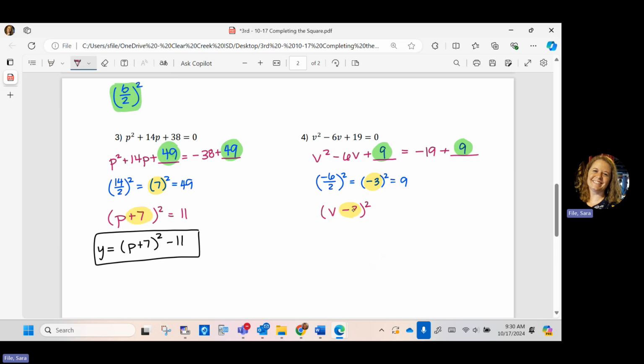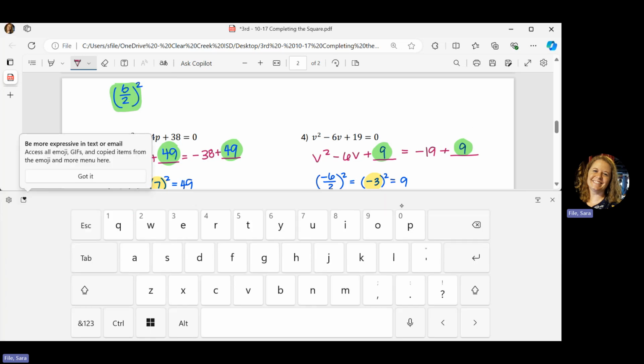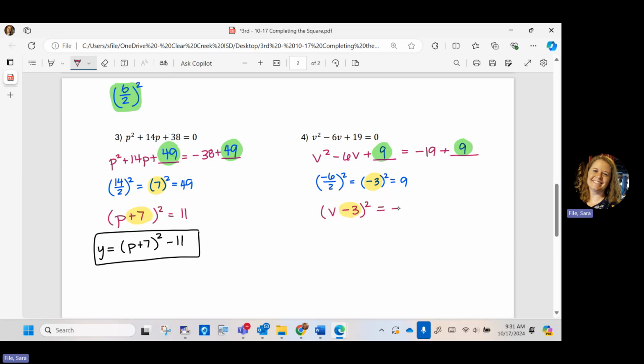And on the right side, -19 plus 9. So that's -10. So if I want this in vertex form, I would have to move the 10 over by adding. So it would be V minus 3 squared plus 10. What would be the vertex here?